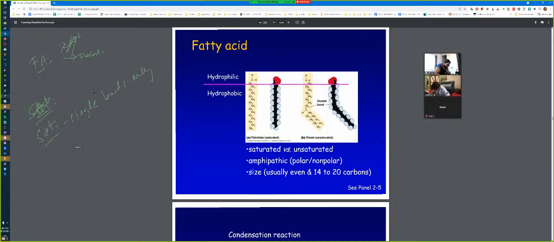And what that means is that it can compress all the way to being a solid. An example of that is butter, which is a solid at room temperature.